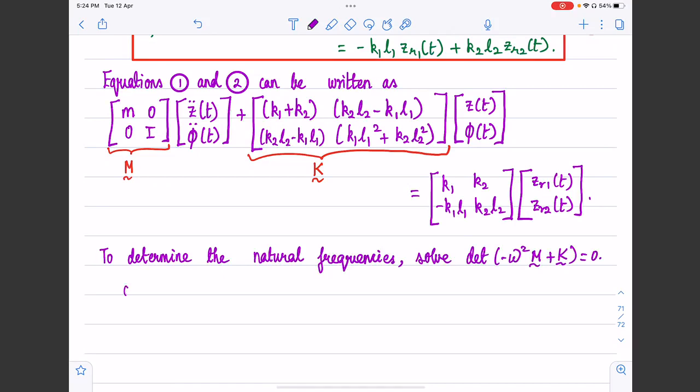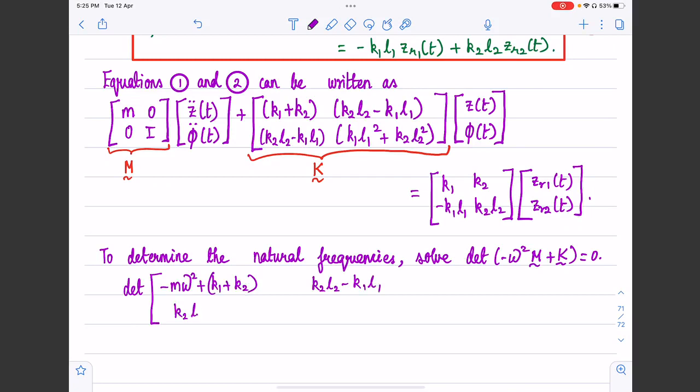Okay, so in this particular case, what happens to determinant of minus m omega squared plus k? It becomes determinant of minus m omega square plus k1 plus k2. That's the first term. Then we have K2 L2 minus K1 L1. That's the second term.